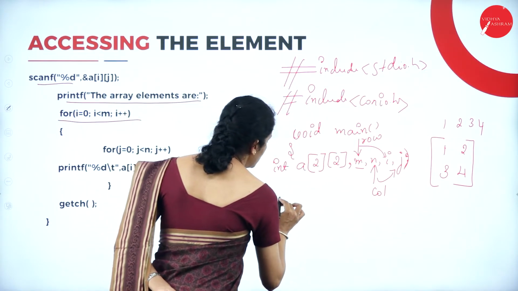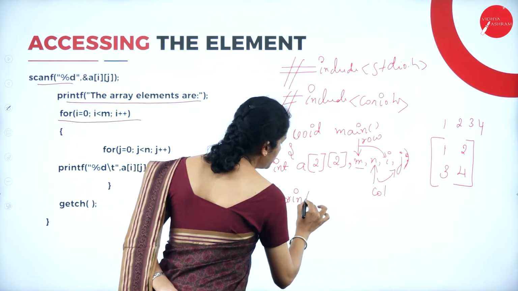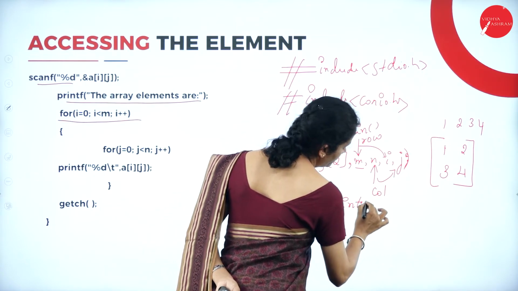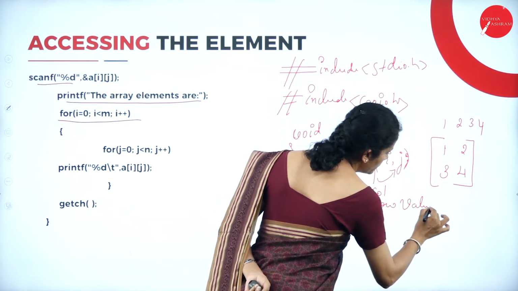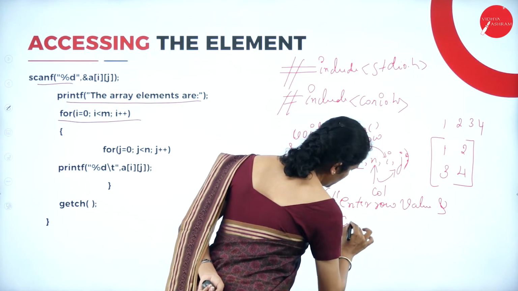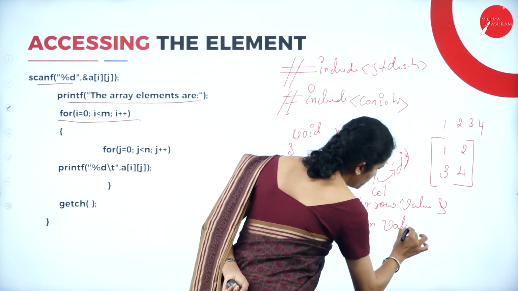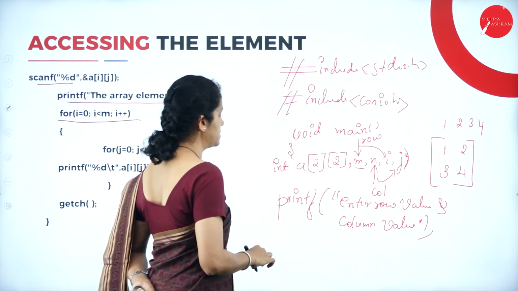Now, I'm going to display the message to the user: printf enter row value and column value. So I want to specify the row size as well as column size.